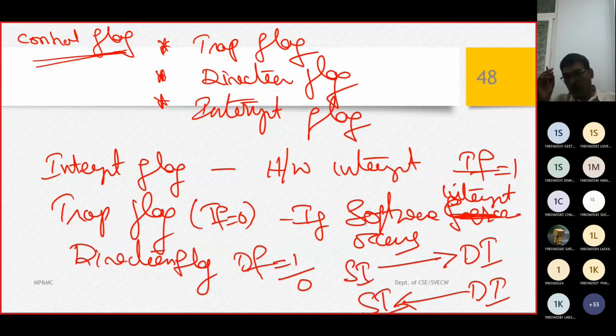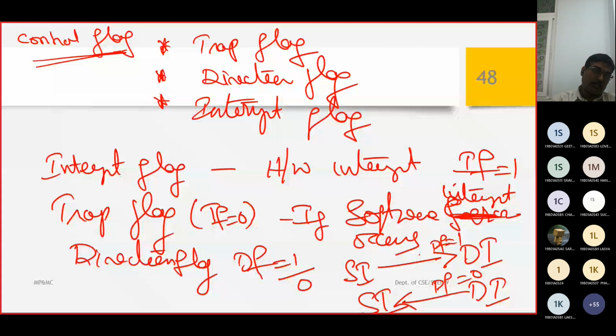If the bits are moved from source index to destination index, we call it direction flag is equal to 1. If the bits are moved from destination index to source index, then direction flag is equal to 0.